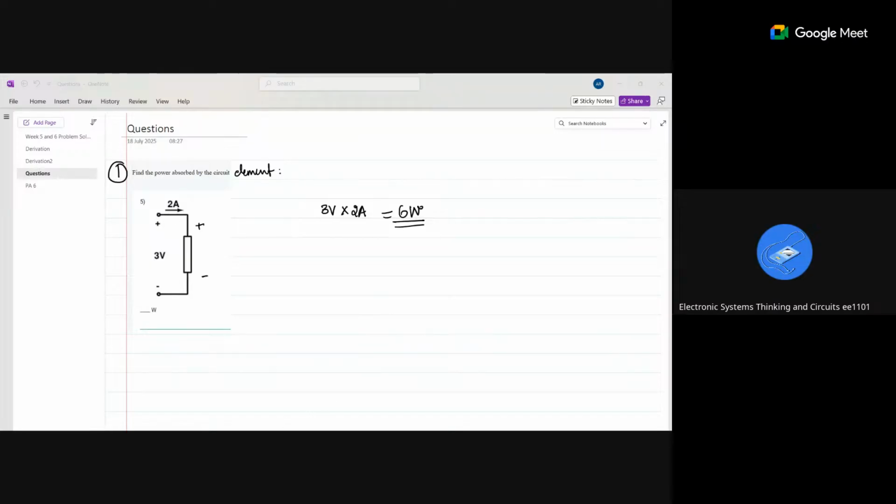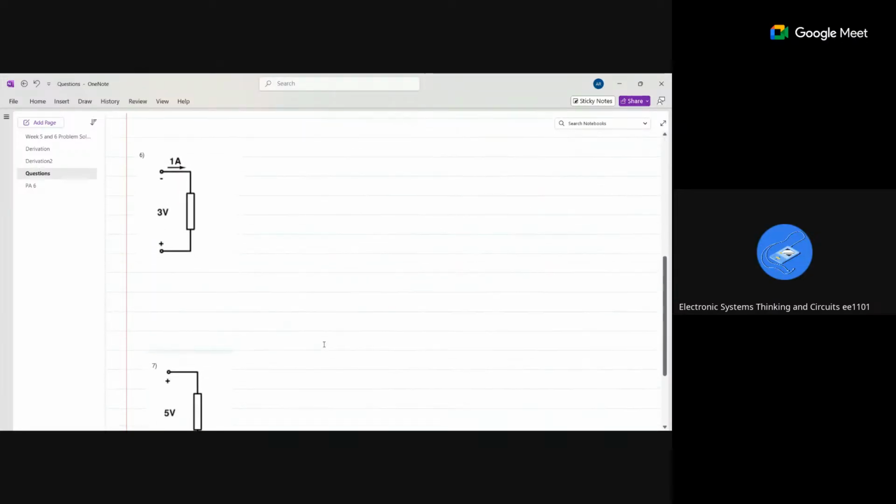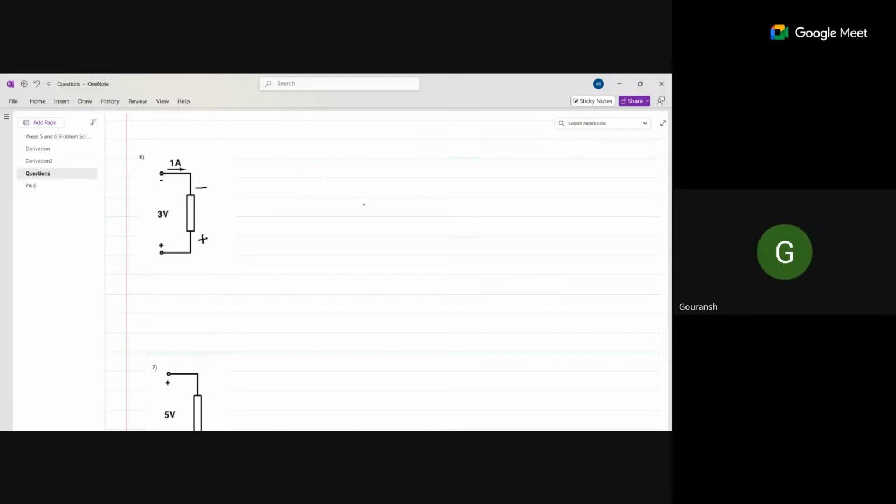So we'll go to the next question. What is the power absorbed here? It's -3, because the current is entering the negative terminal, so it is minus 1 ampere into 3 volts.